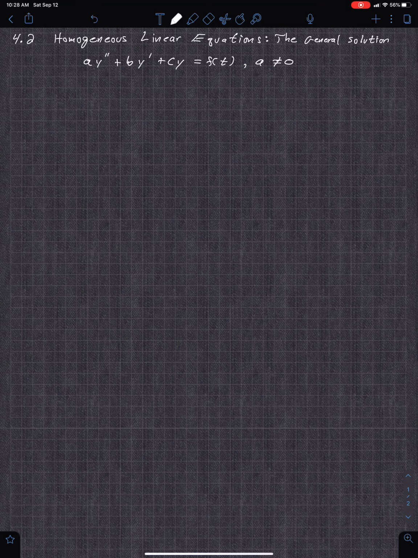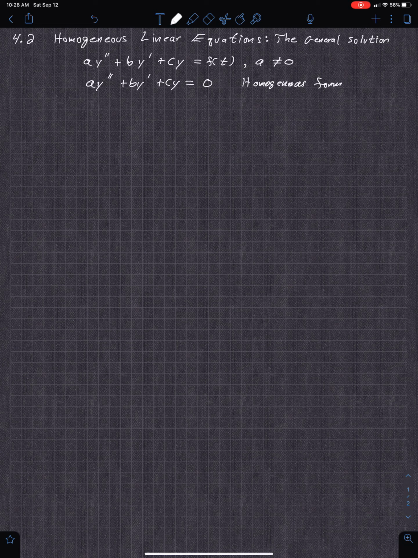And then for the first couple of sections here, 4.2 and 4.3, we'll look at the homogeneous case, which is ay double prime plus by prime plus cy equal to 0. That's generally how you state the homogeneous case. So that's the form.